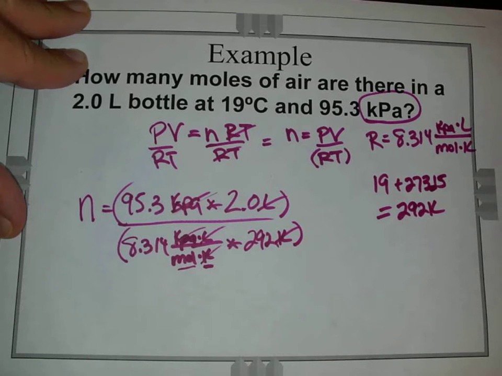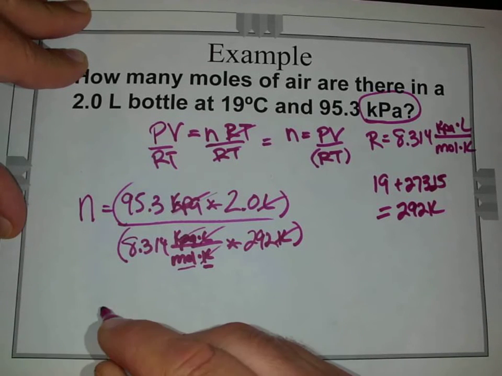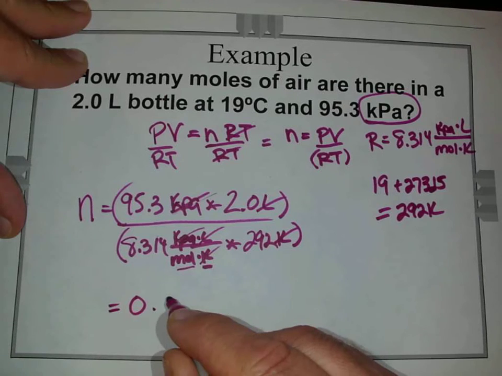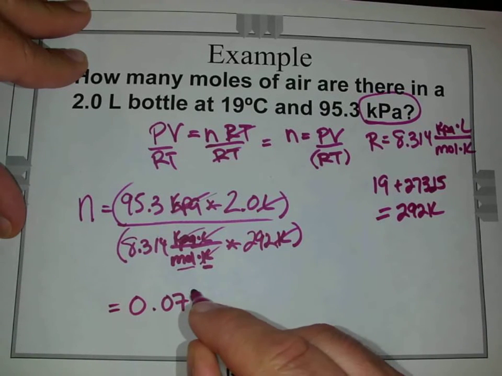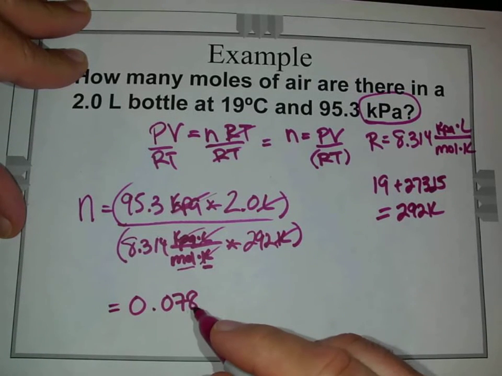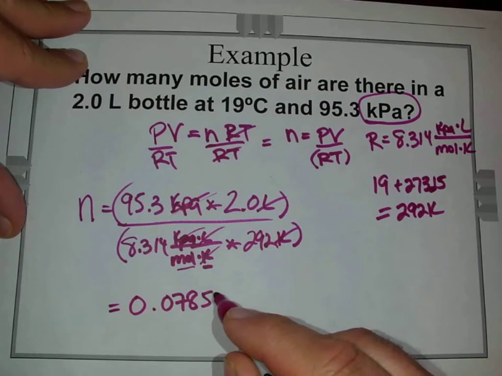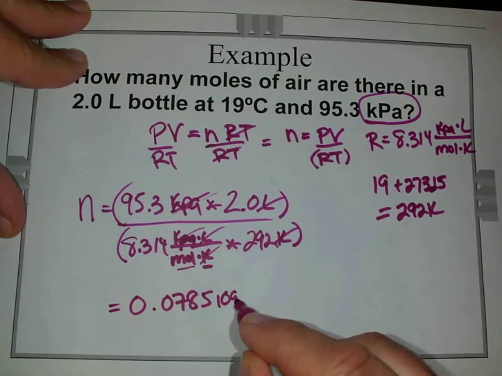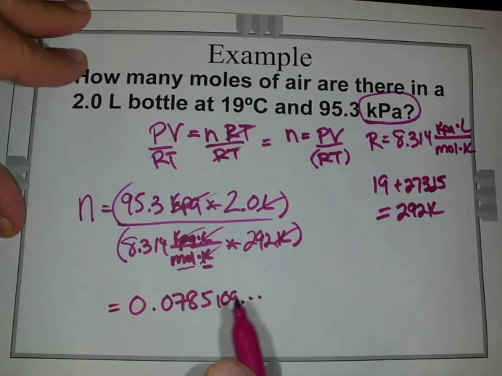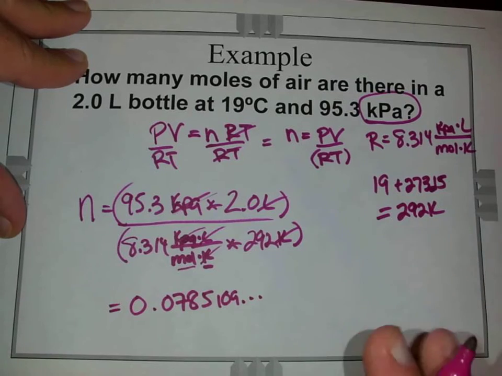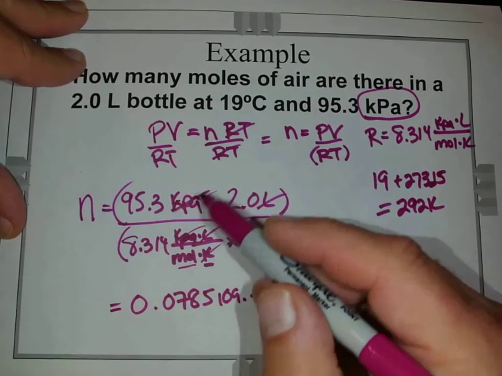So if we did this right, you should get, I believe, 0.785109 and a bunch of other digits. Again, we are bound by the laws of significant figures.